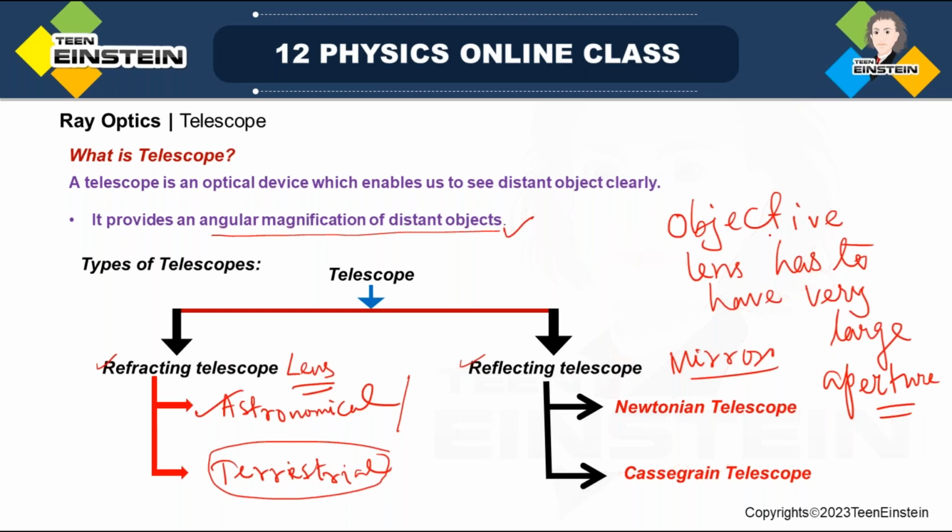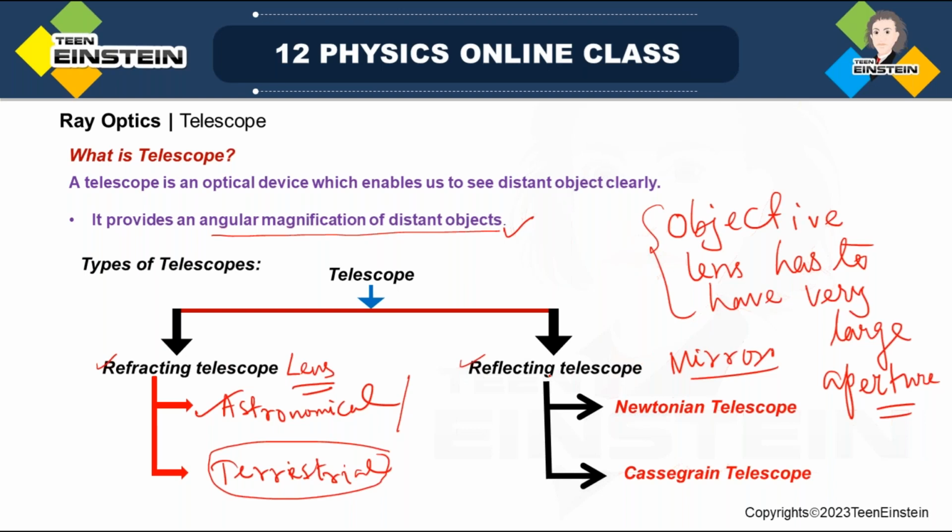But when we go for very large apertures, or a very big lens, there are certain things which limit the utility of this refracting type of telescope. So there are certain demerits in refracting telescopes. We'll discuss those first.